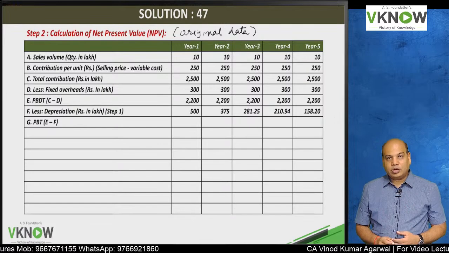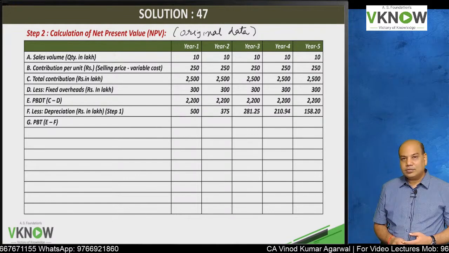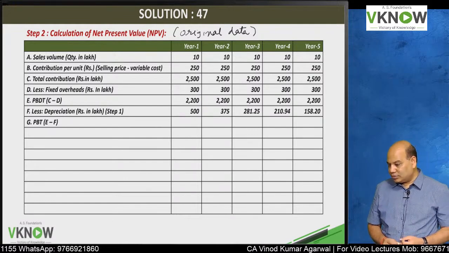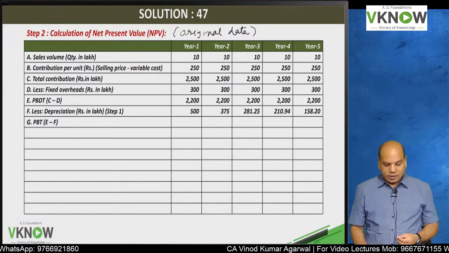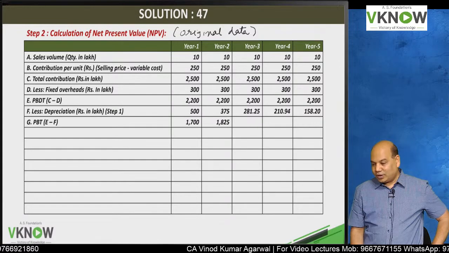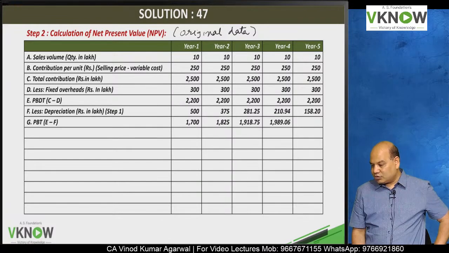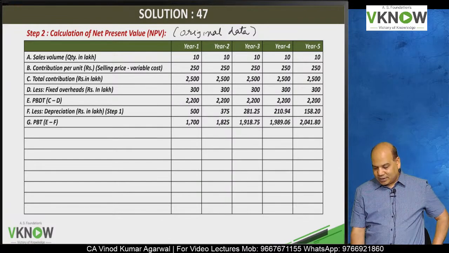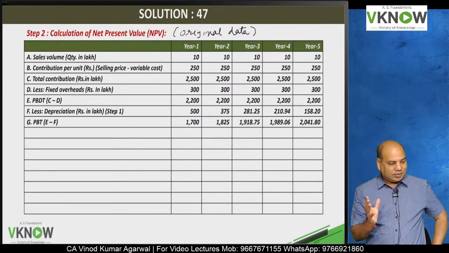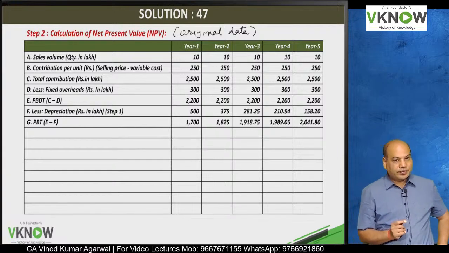Okay, then write down PBT, profit before tax, E minus F. E minus F, come on student, 2200 minus 500, 1700, 1825, 1918.75, 1989.06, please check, and if there is difference, please tell me. 2041.80, is it right?